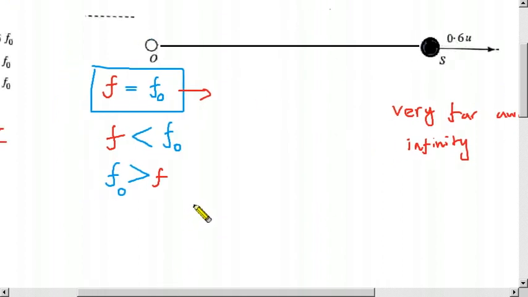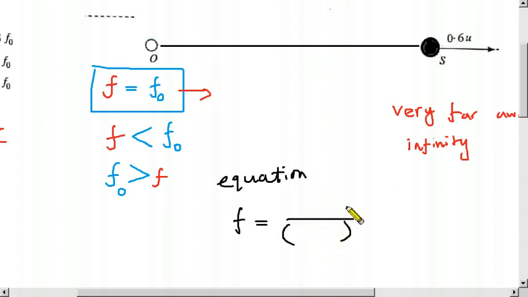So what is the equation? When the source is moving, the bracket part is under the line, that means at the denominator. When the observer is moving, the bracket part is above the line, at the numerator. So the frequency must decrease because it is moving away.